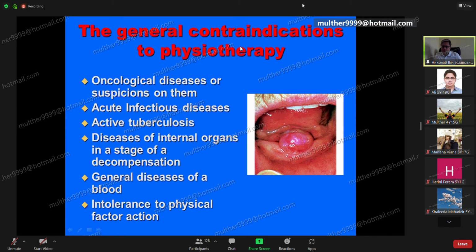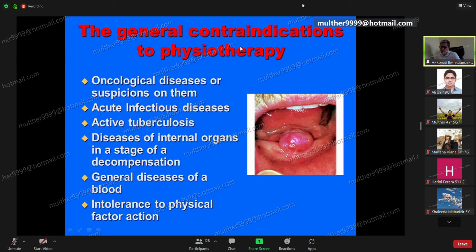Diseases of internal organs are, maybe, COPD, and others.